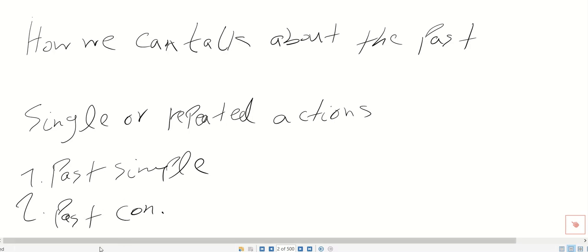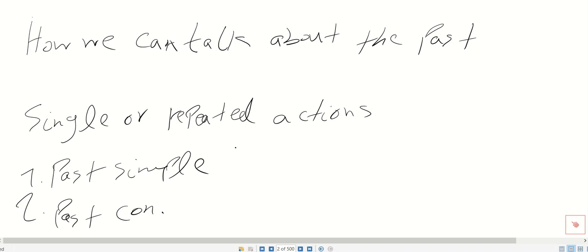Past continuous or past simple continuous, some people say. So the past simple tense shows that the action or the state happened at an earlier time. Whether or not the action continued for a period of time or was repetitive is not important. What's important is that it began and ended in the past. It can be a definite time in the past or it can be an indefinite time.